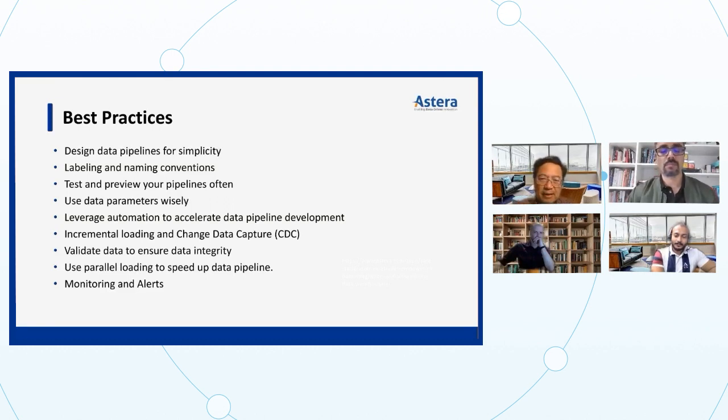Probably best practice is metadata driven. So rather than hand coding that column mapping, we define the mapping in metadata, and then the pipeline is generated automatically, like what Jay has been explaining. DevOps is another best practice.